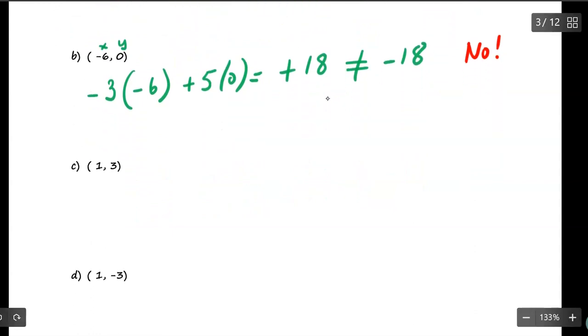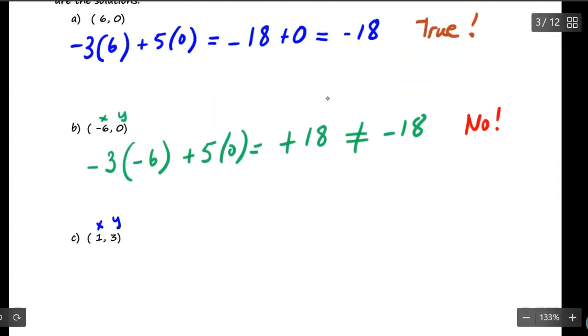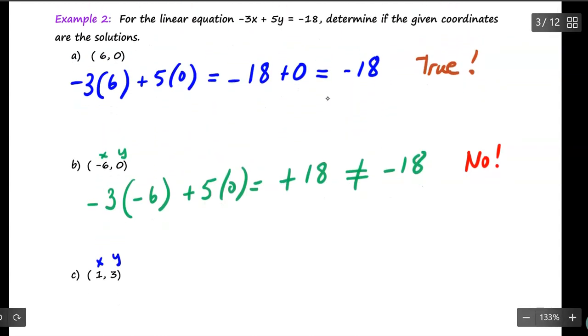And the next point is 1 and 3. So don't forget it's x, y. So I'm going to substitute that into the equation. Negative 3 times 1 plus 5 times 3.